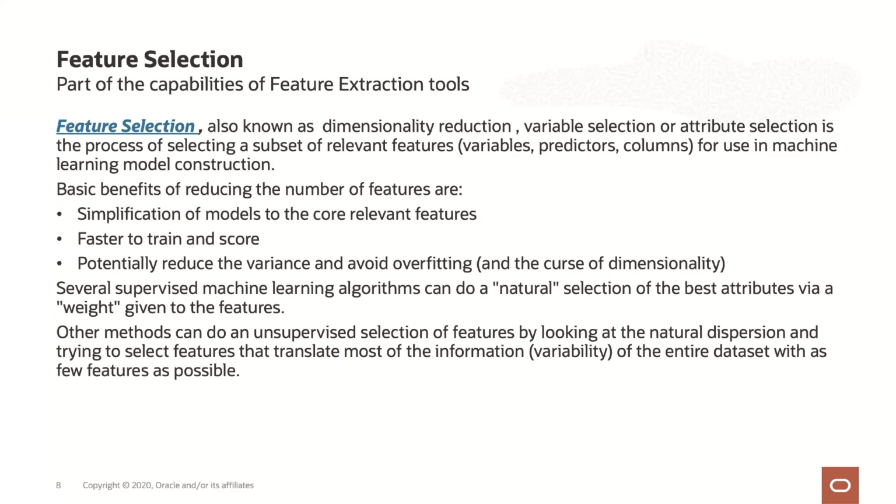The benefit here is really simplification of the models. If instead of using 2,000 different attributes to predict your likelihood to buy a product, I can get by with 5, my model is going to be much faster to build, and my scoring is going to be much faster as well.